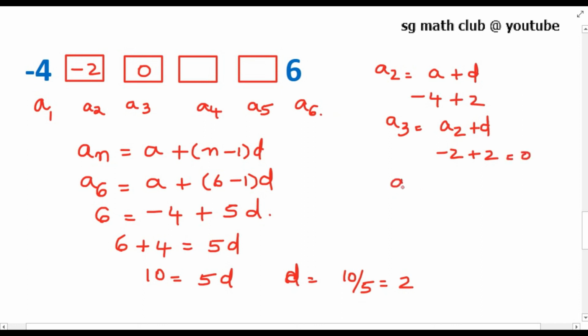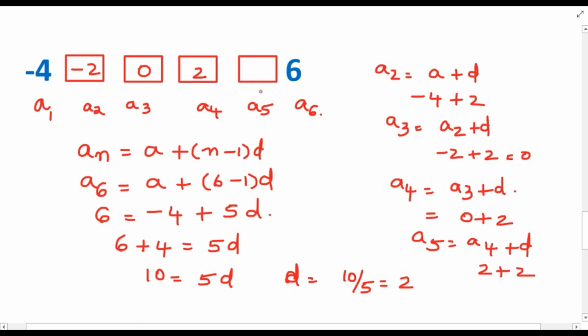Again a4 will be a3 plus d, third term plus common difference. This is another way of doing it instead of using the formula a plus (n minus 1) into d. So a3 I got as 0, 0 plus 2, 2. Again a5 is a4 plus d, that is 2 plus 2, which is equal to 4.